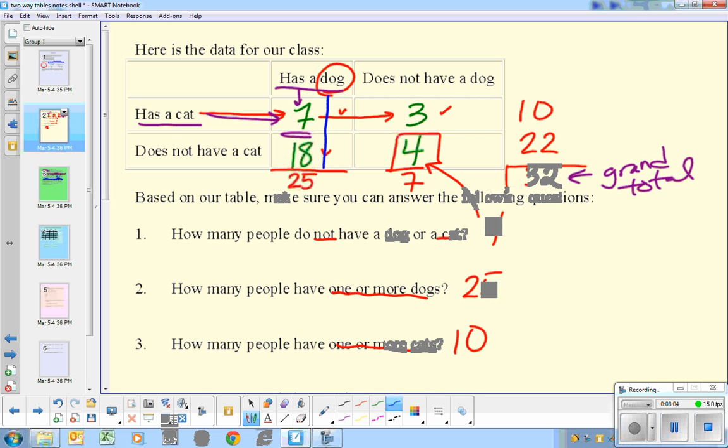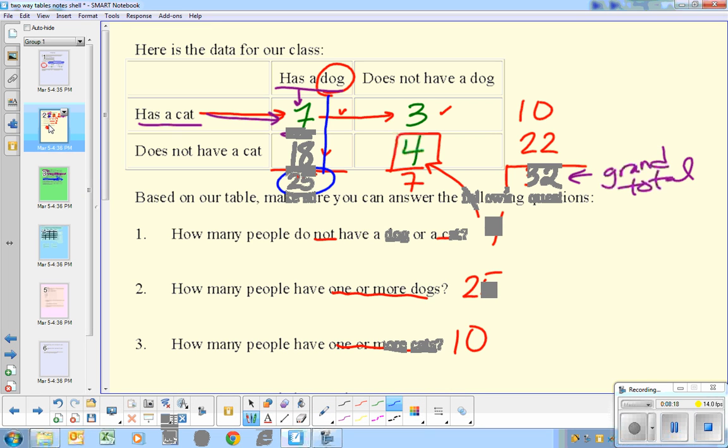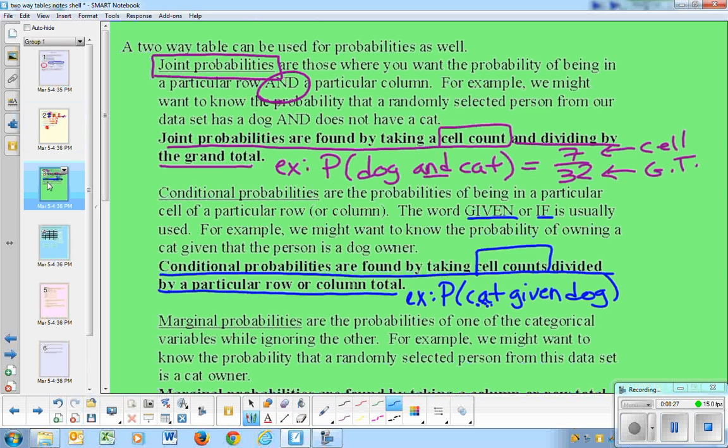Now, out of those 25, look back at the question. Out of those 25, we want to know how many of them own a cat. Just out of those 25, though. So out of these 25 people, how many of them own a cat? 7. So our conditional probability here is 7 out of 25.